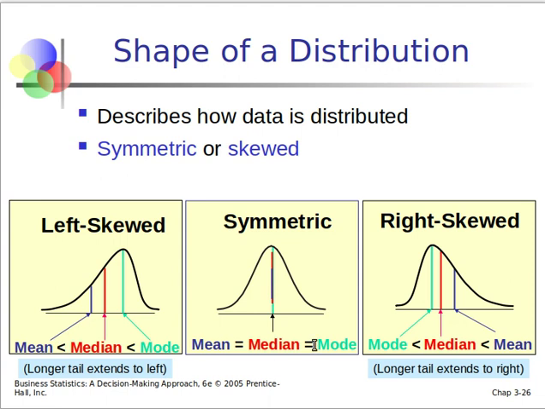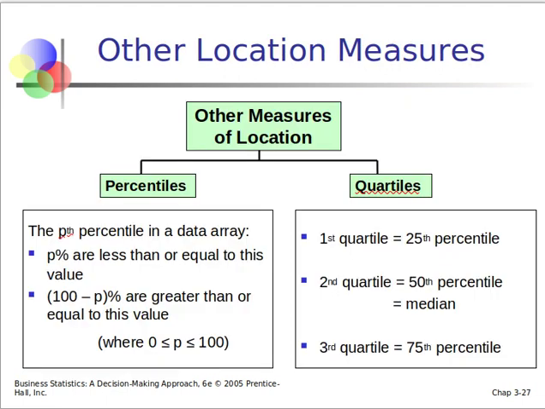The same with the right skewed distribution. The median is higher than the mode, but the median is lower than the mean. So that's why it is right skewed. They are not evenly distributed.